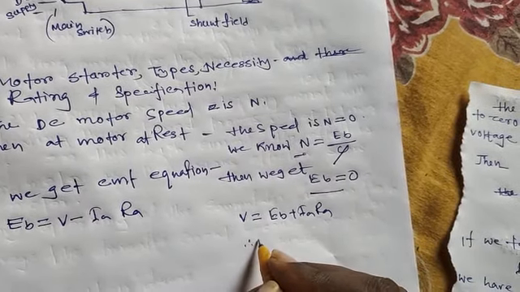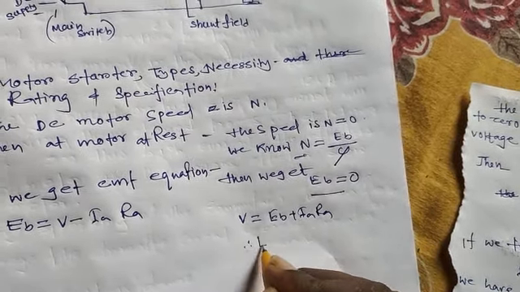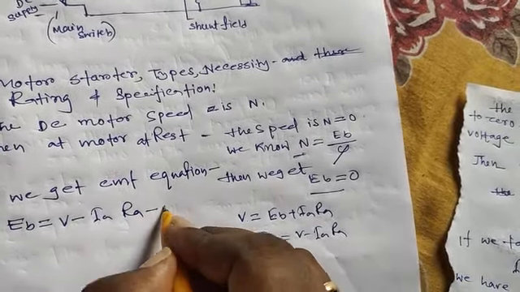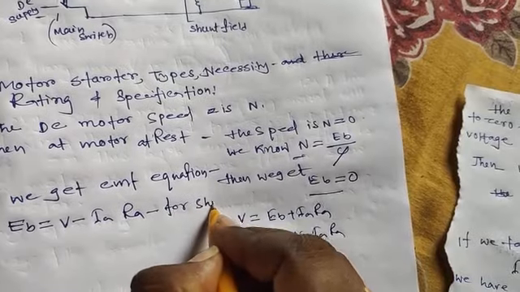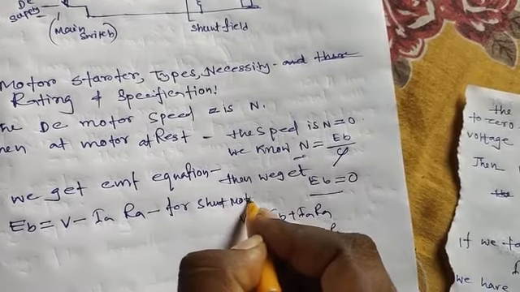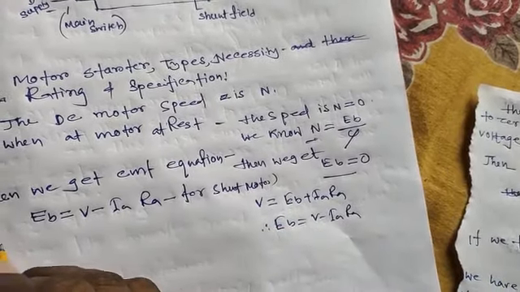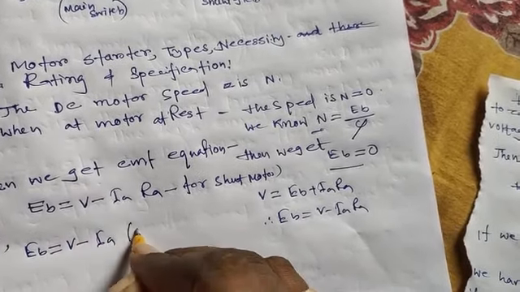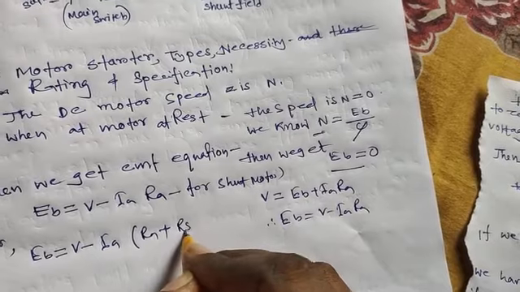So therefore EB is equal to V minus IA RA. This equation is for the shunt motor only, or EB is equal to V minus IA (RA plus RSE).